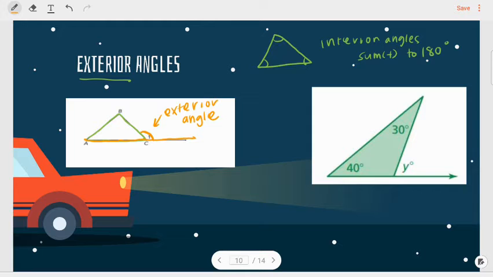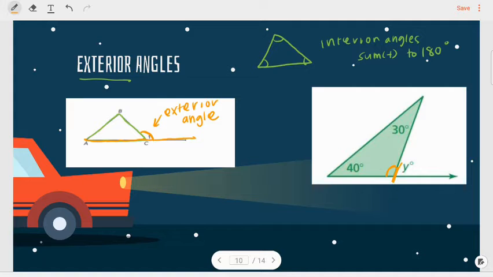Well, we have two options. Our first option is to use what we know about the interior angles of a triangle and angles of straight lines. So let's briefly review. Let's pretend for a second that we didn't even have an exterior angle and we were trying to find this last interior angle.